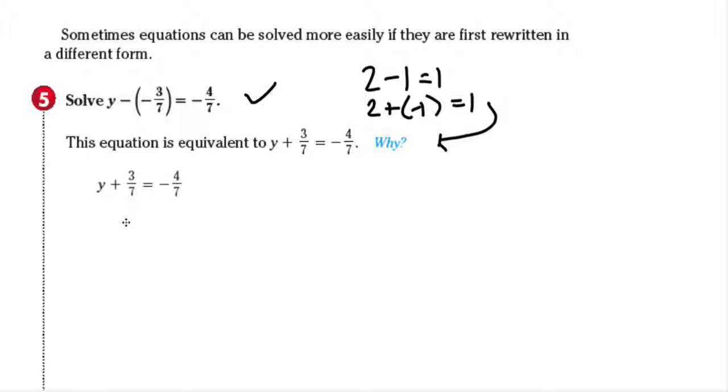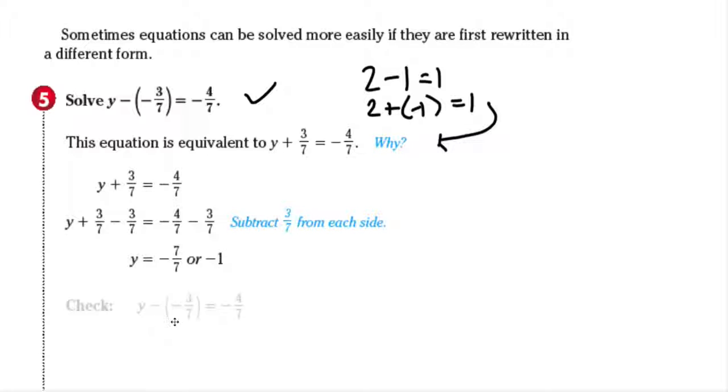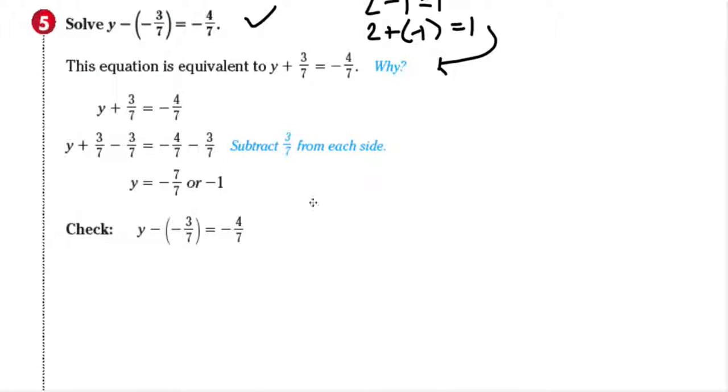Y plus 3/7 equals negative 4/7. We isolate y by subtracting 3/7 to both sides of the equation, and we have y equals negative 7/7 or negative 1. Checking our answer, you simply plug in the value back to our original equation.